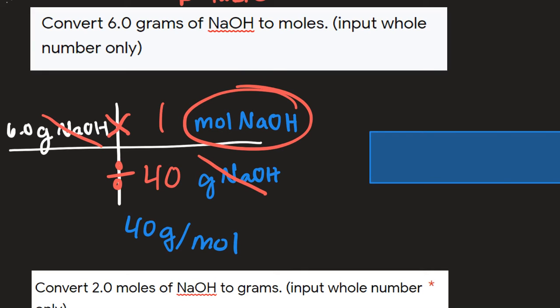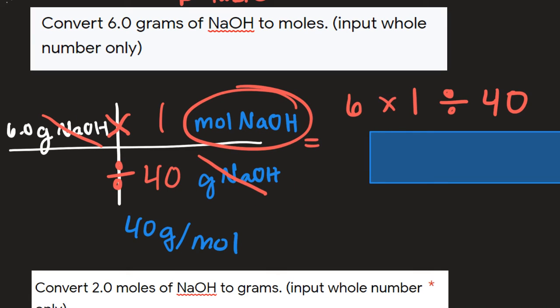If I multiply and divide this out and put this into my calculator, I will put it in as 6 times 1 divided by 40. Everything on the top gets multiplied together, everything on the bottom gets divided.